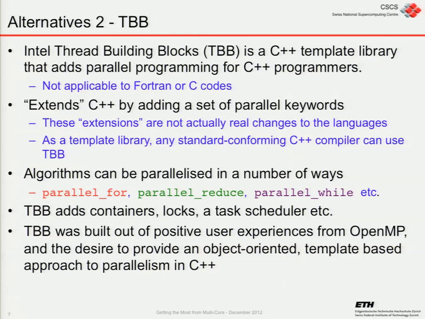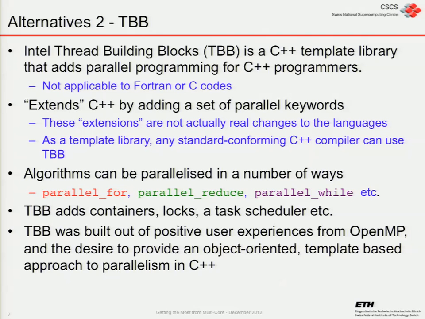A second alternative, again, Fortran programmers can stop listening for a while. So Intel Thread Building Blocks. This is a C++ template library, and it adds parallel programming for C++ programmers. So no C programmers, no Fortran programmers here. There are a set of parallel keywords, and these include things such as parallel for, reduce, parallel while, etc., etc. They actually aren't real.